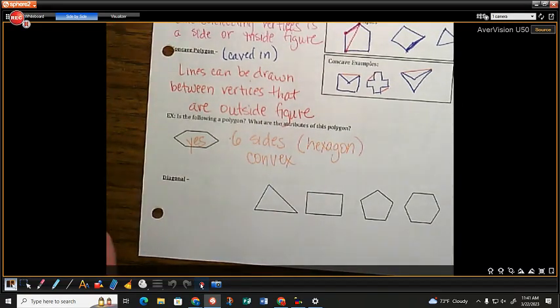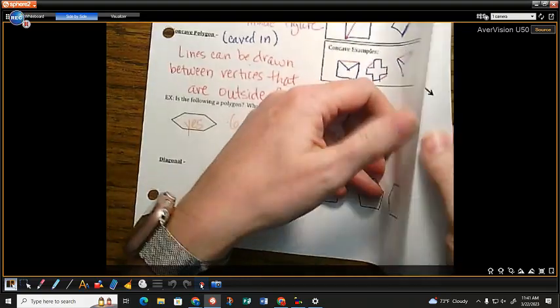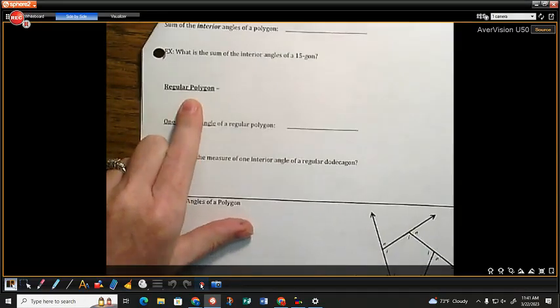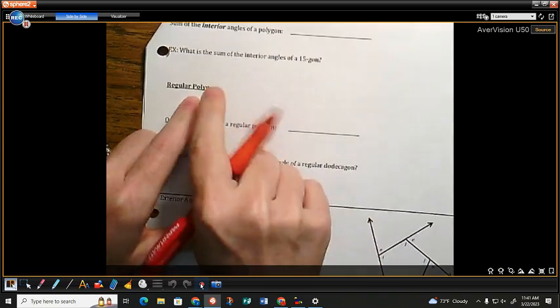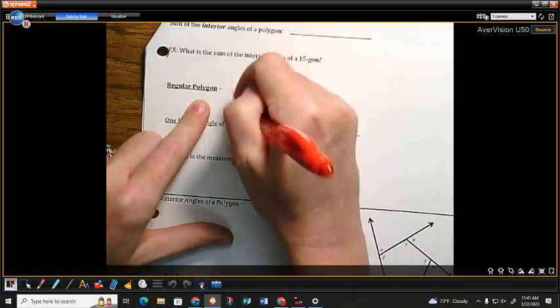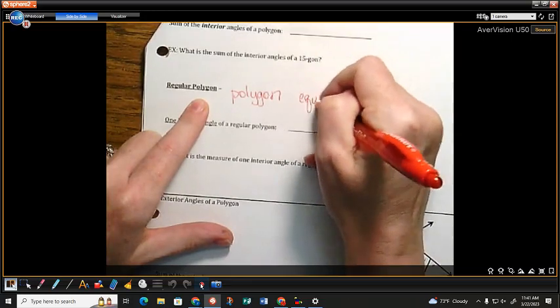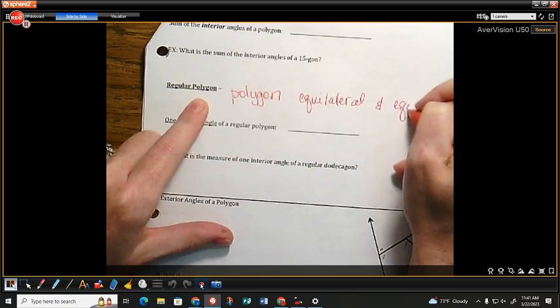Are all of its sides the same length? No. Do they always have to be the same size? No. If they are, though, turn to the 3rd page. A regular polygon is a polygon that is equilateral and equiangular.